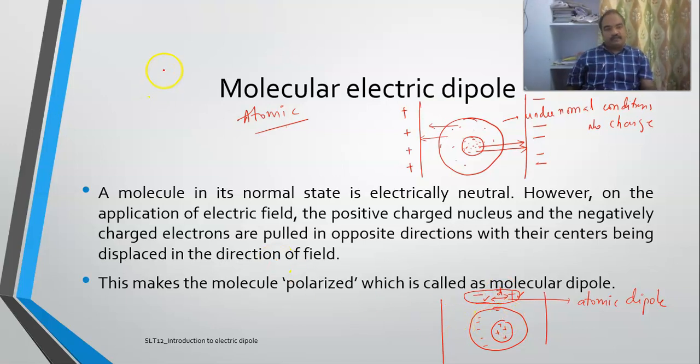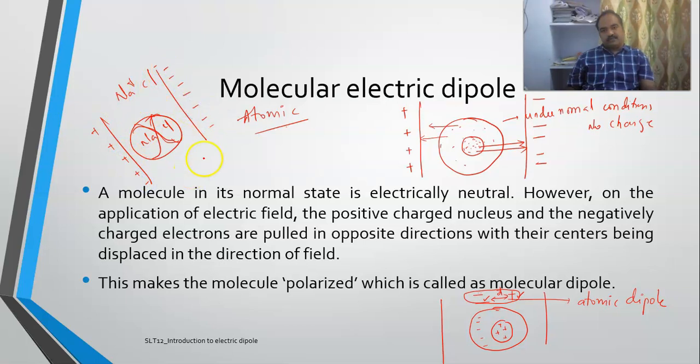Similarly, take a molecule, let us suppose an ionic molecule. Normally it will have ions, right? So if I take NaCl, there will be a positive charge and a negative charge. If I take a molecule of Na and Cl and subject it to an electric field, automatically the chlorine atoms will come to this side, Cl minus, and Na plus will move to the other side.